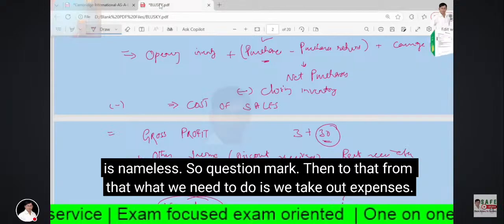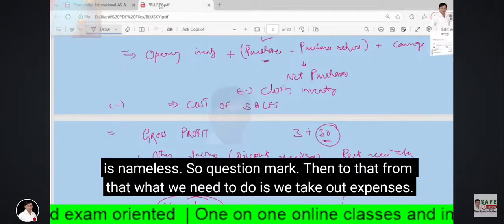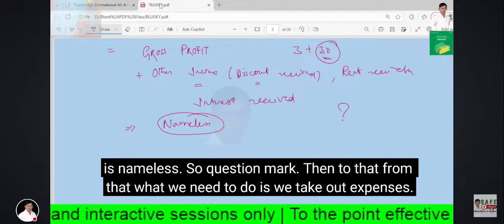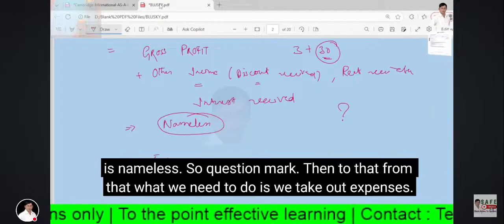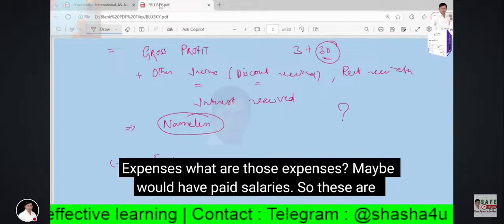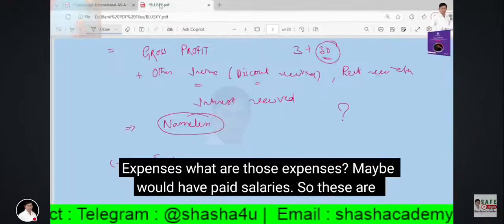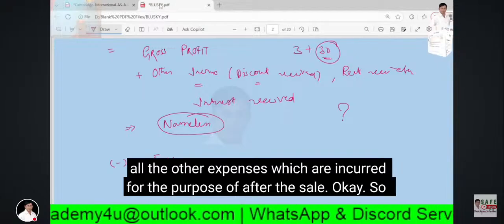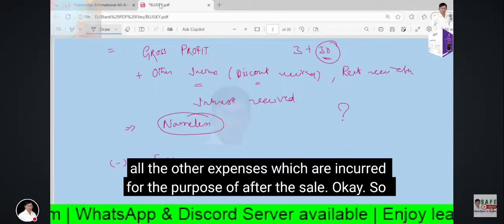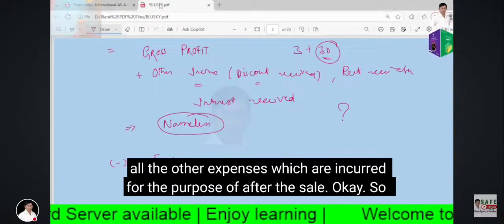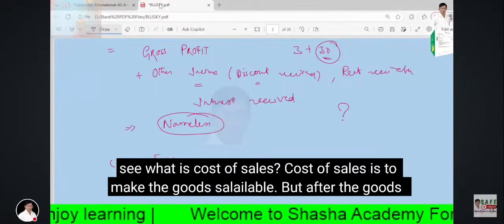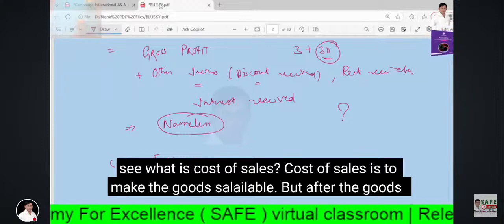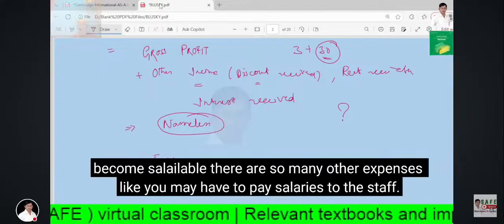Then from there, what we need to do is take out expenses. What are the expenses? Maybe we would have paid salaries. These are all the other expenses incurred after the sale. Cost of sales is to make the goods saleable. But after the goods become saleable, there are so many other expenses.